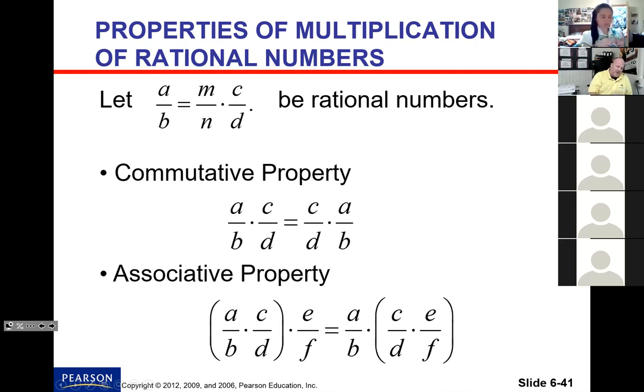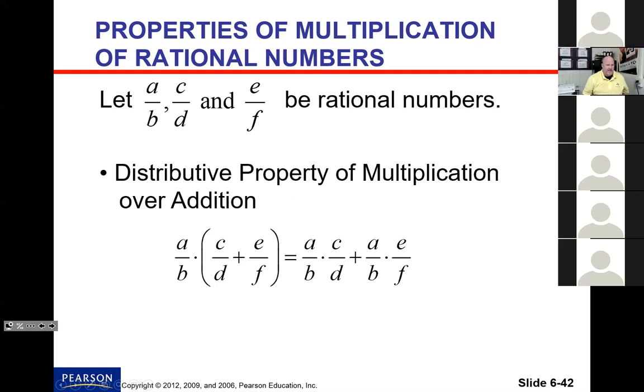Now, because we're multiplying, we have a couple other rules we always got to look at. And the big one, and this is the main one, is the distributive property. We've talked about this one already. It's when you have a rational out the front and you have something within the brackets.